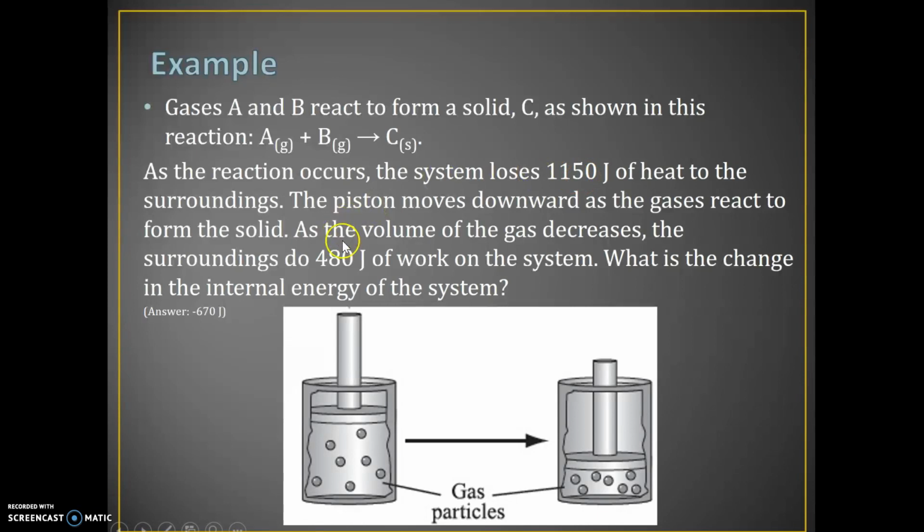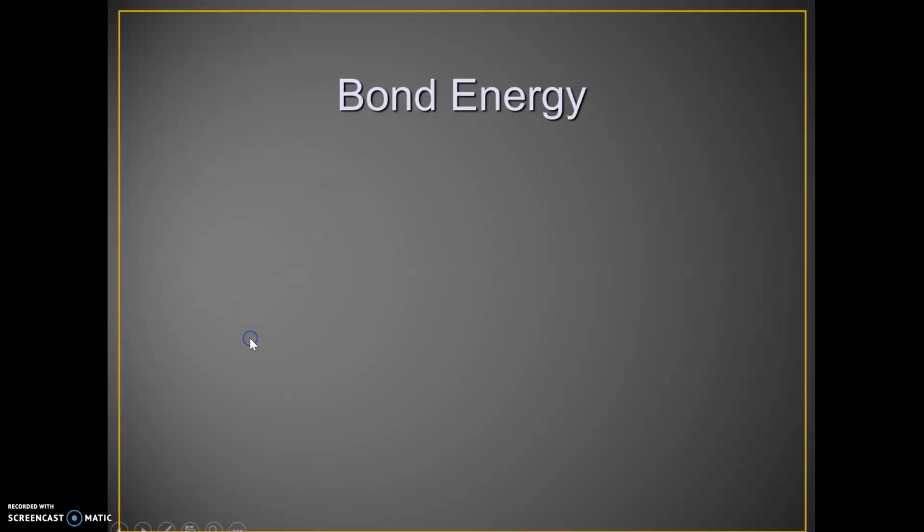And then here it says that the surroundings are doing 480 joules of work on the system, so this is a positive number. So your delta E is going to equal negative 1150 joules plus 480 joules, which will equal negative 670 joules. Do we understand? You can't answer me, but I'm hoping you understand, so we're moving on.